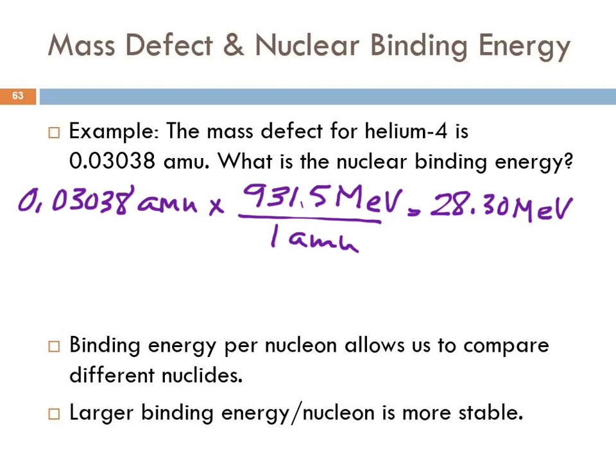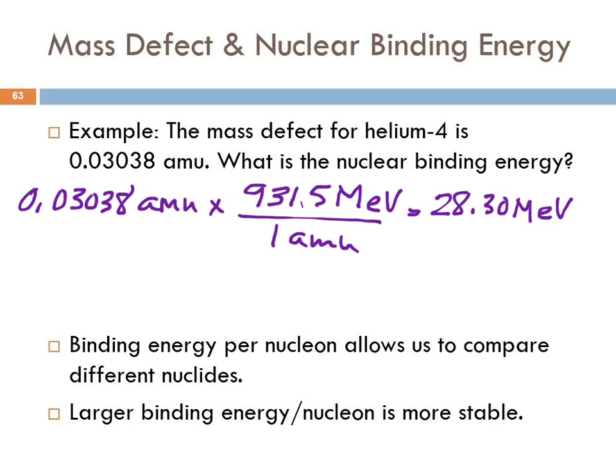The binding energy, though, is going to depend a lot on how many nucleons are being bound together. And so they'll often calculate a binding energy per nucleon so that you can compare different nuclides. How can you compare helium to carbon when carbon is so much larger?